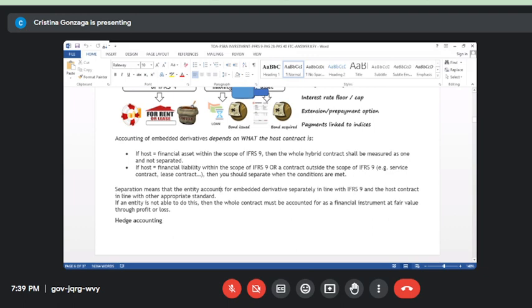Let's say if you have, kumbaga, a dairy farm, you have cattle, you have horses, you have pigs, you have chicken. Okay, so you need a fence. Di ba? So a fence is a protection. So the reason why it's called a hedge is that it is a protection. Now, why do you call it hedge accounting?